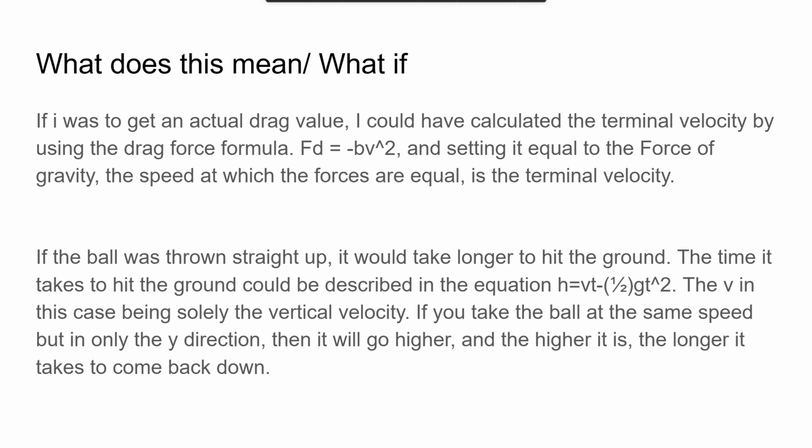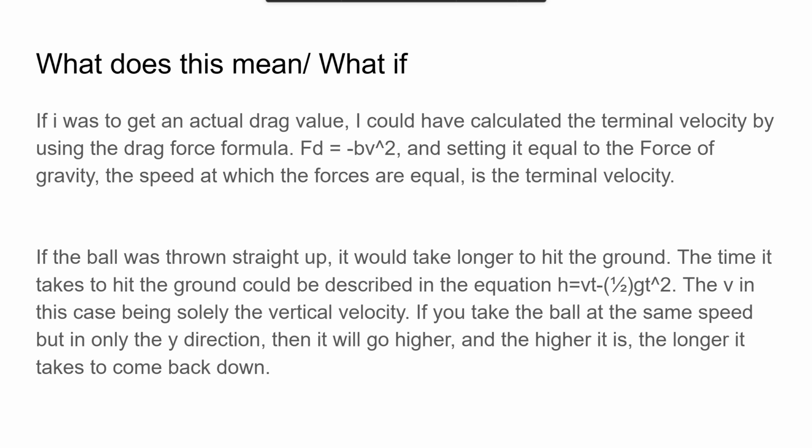because of the kinematic equation, where instead of the final, we have height equals velocity times time minus 1/2 acceleration due to gravity, t squared. Since v is only in the vertical direction, we do not have to worry about the x direction in this case.